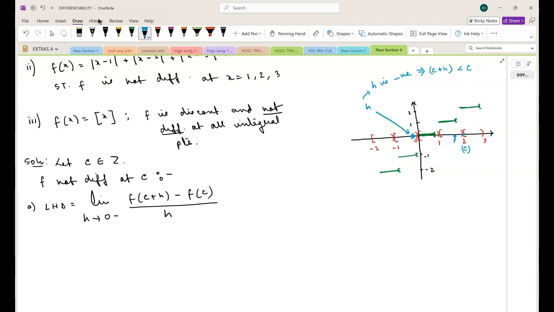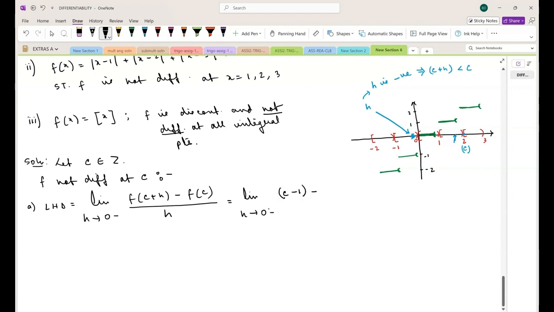So once you understand that, we just put it here. Limit h tends to 0 from the left, f of c plus h. Just now we said that it will be 1 less than c, so it is c minus 1.